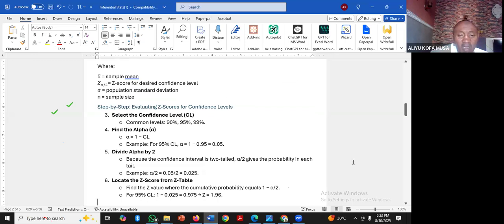Okay. How do I calculate or evaluate my Z-scores for confidence levels? The first thing to do, you select your CL. You choose either 90.